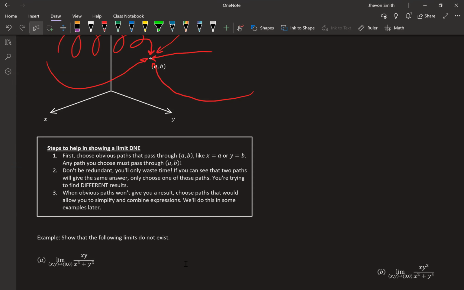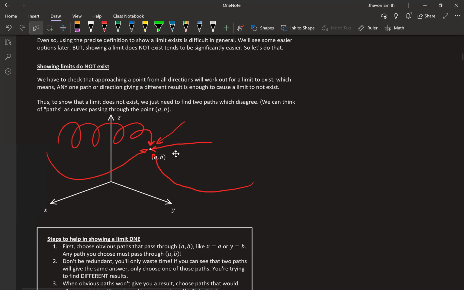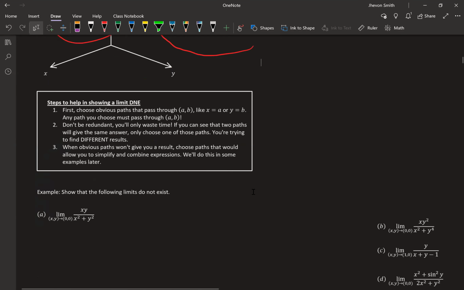We will need to know how to prove that a limit does exist, but that's for next lecture. That's a whole other ballgame. Right now I just want to focus on showing that it does not exist. All we have to do is show that 2 of these paths don't agree. If I approach from this angle versus that angle and get a different answer, that tells me that the limit will not exist.